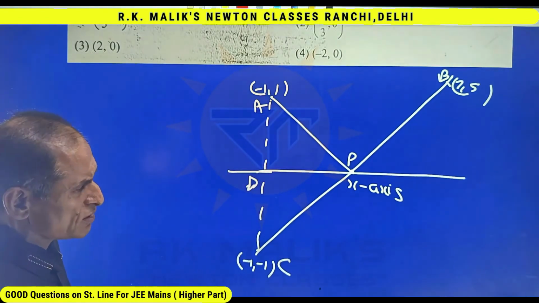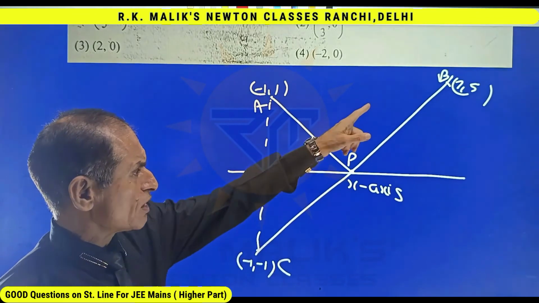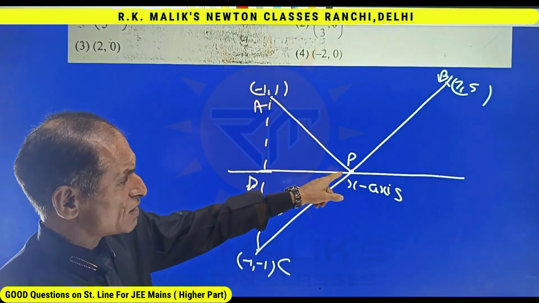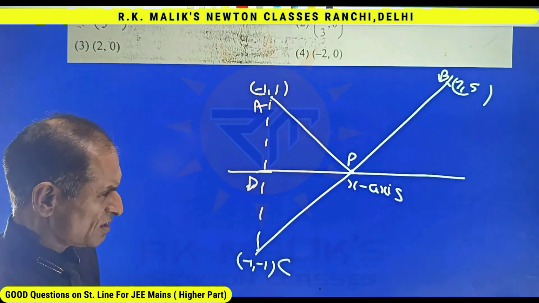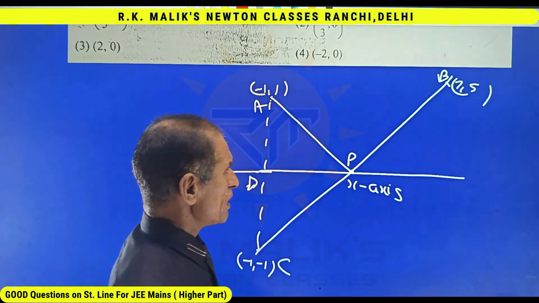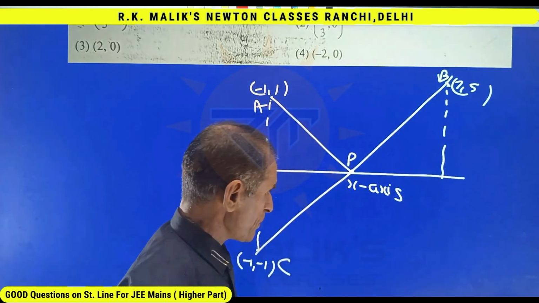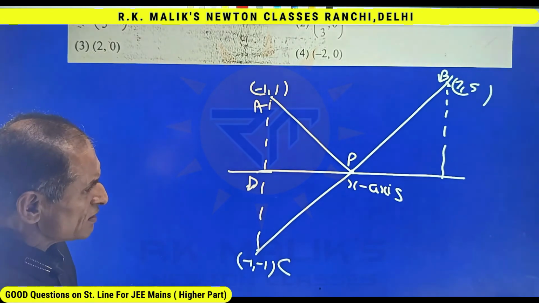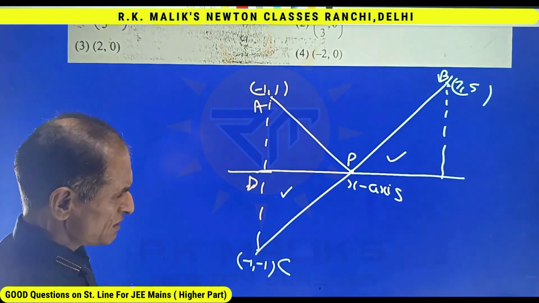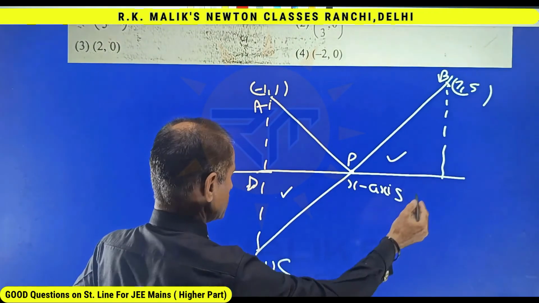One way of doing this question is, two points are known to you, you can get the equation of this line and then check where this line is cutting the x-axis. Agreed, it is not wrong, but I will say better is the perpendicular. It is clear that these two triangles are similar, hence this length is to this length.